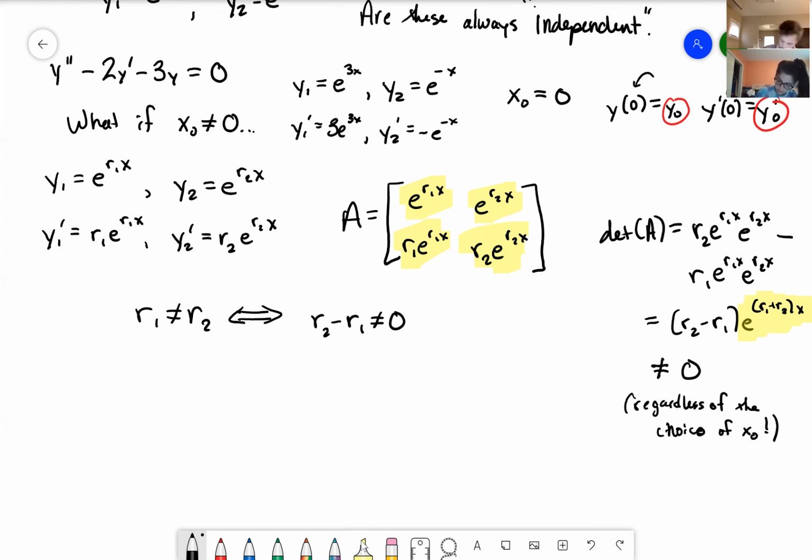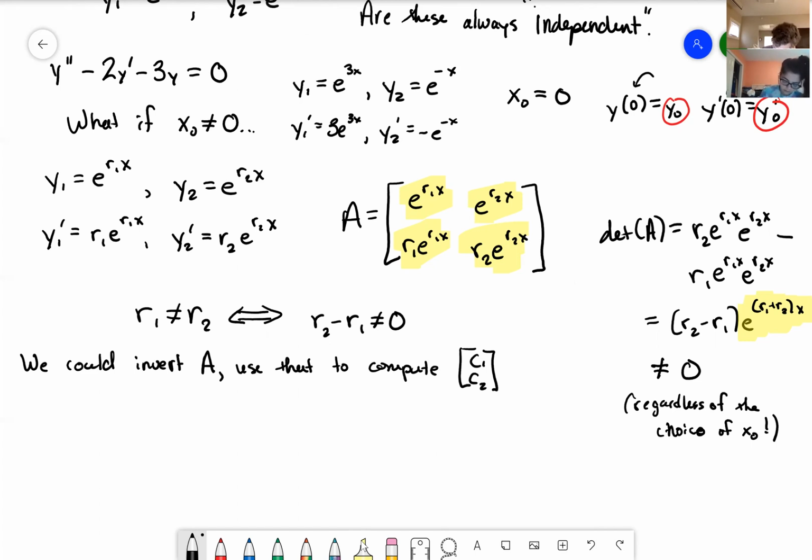Now we could go a step further, and we could actually take our matrix A and invert it. We could use that to compute the two constants that we need to determine the specific solution, as just A inverse times y0, y prime 0.